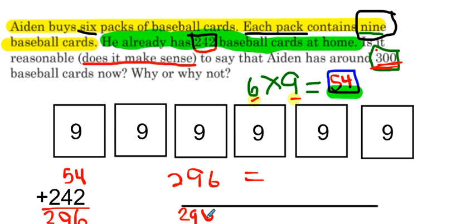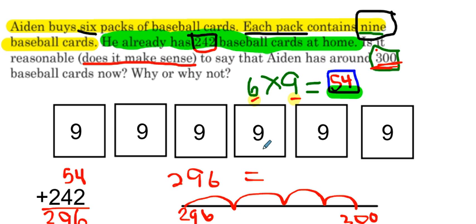And then I were to go ahead and count 297, 298, 299, and 300. It's pretty close to 300. Yeah, it's close to 300. It's just 4 numbers away. Okay, so 296 is close to 300. Okay, we can look at it that way.